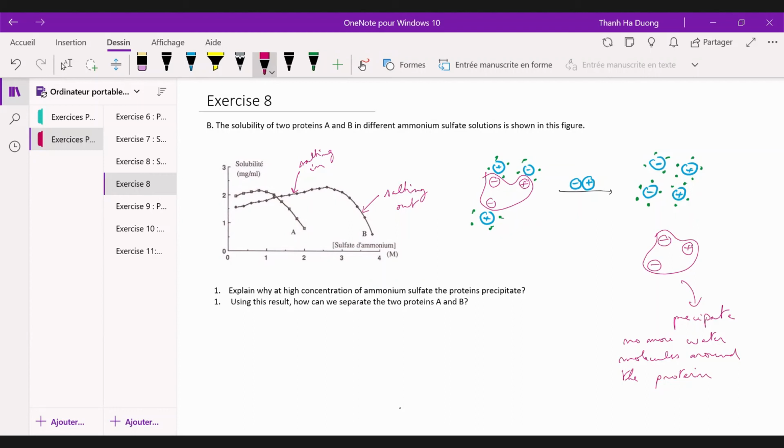It's okay. Okay, so using this result, how can we separate the two proteins A and B?